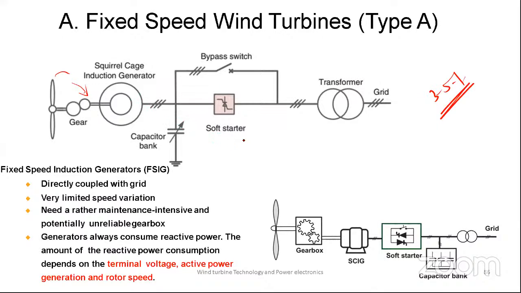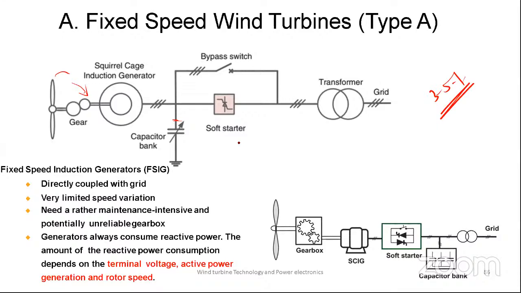And you can see the capacitor bank to compensate the reactive power, because generally the wind turbine consumes reactive power. Both the generation and the consumption create some reactive power, which relates to the voltage, right?